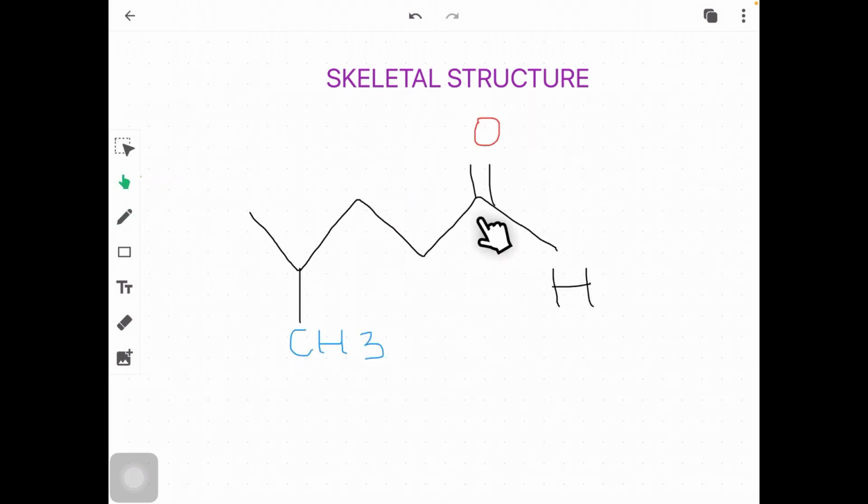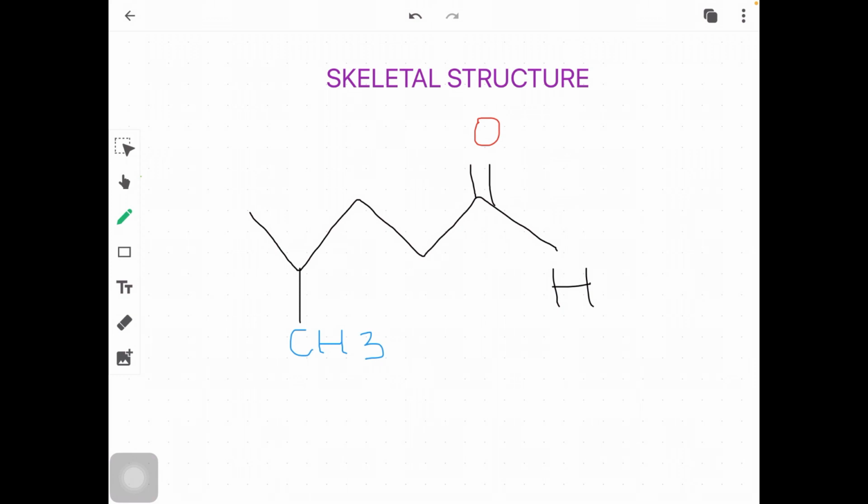Now, let's do another example, but instead of using a compact structure, using a skeletal structure. Now, we are going to identify whether this is an aldehyde or not. We know that if we have a double bonded oxygen attached to the carbon and a hydrogen attached to the carbon, this is an aldehyde.